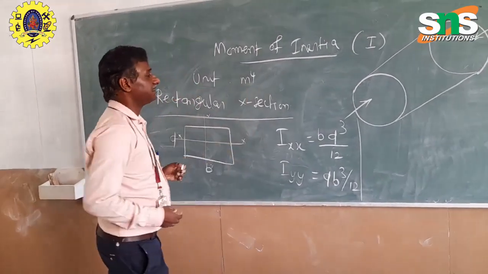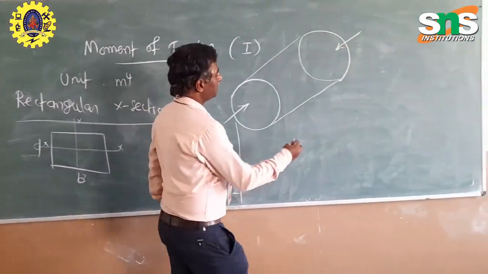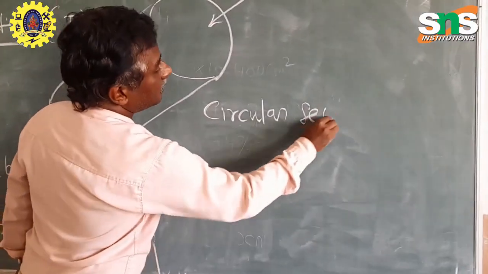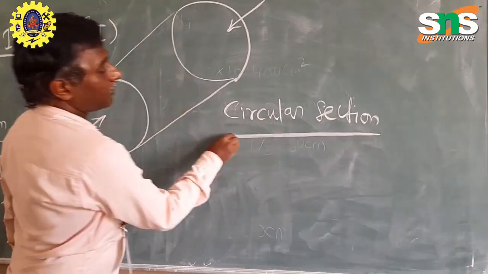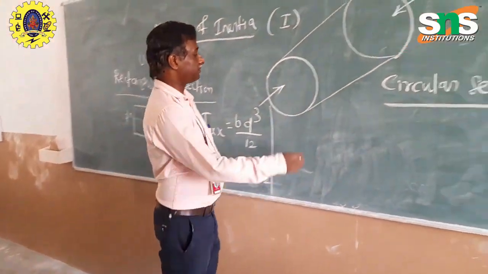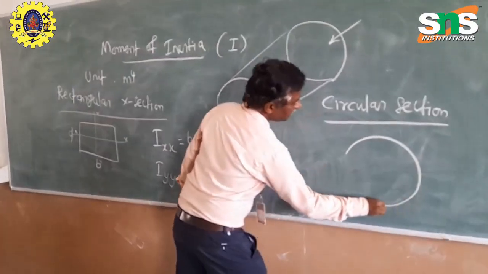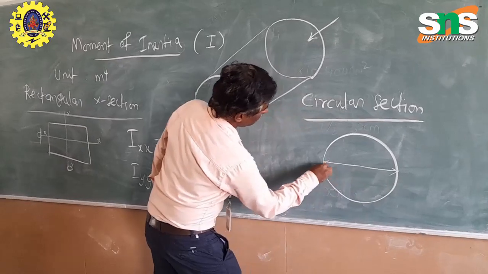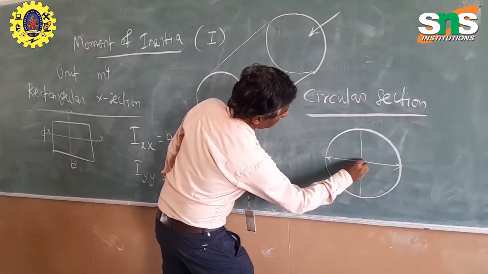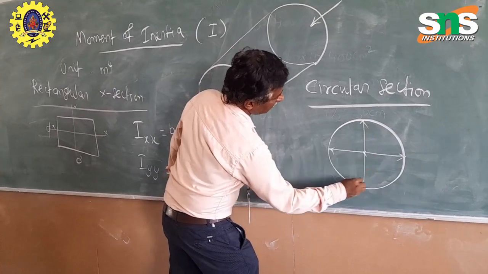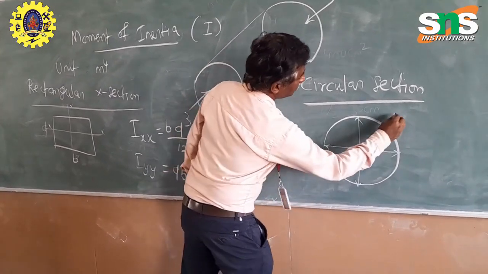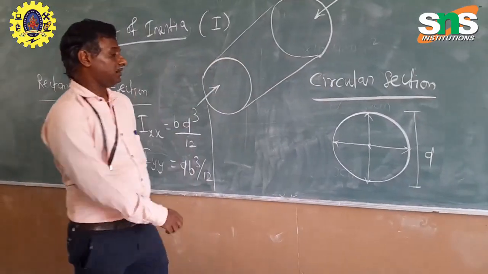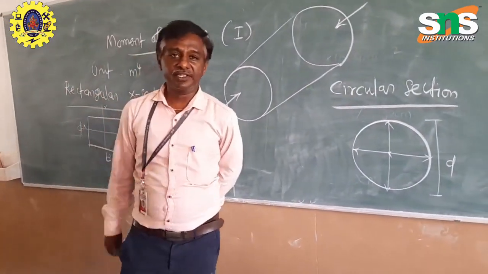Now for a circular section having diameter d, with the center point, how can we find the moment of inertia?